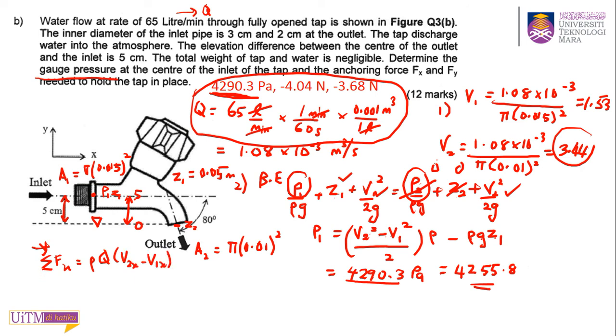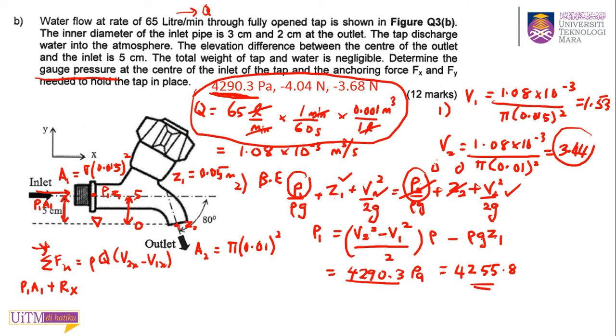Okay, and you have your force in x, so you have P1A1. You need to label this so that you can see. Okay, P1A1 plus your resultant force at x. Okay, and you have apa lagi yang ada?